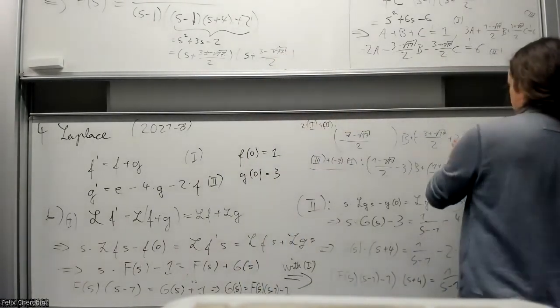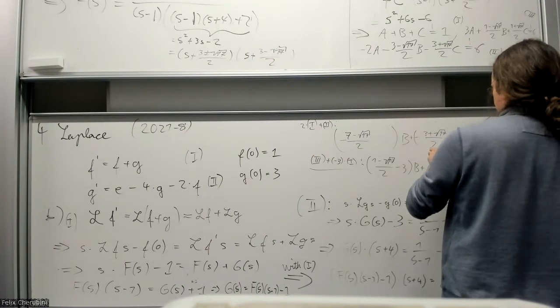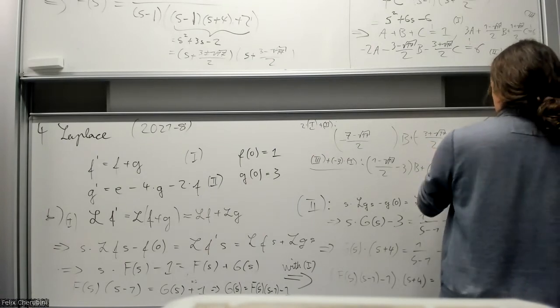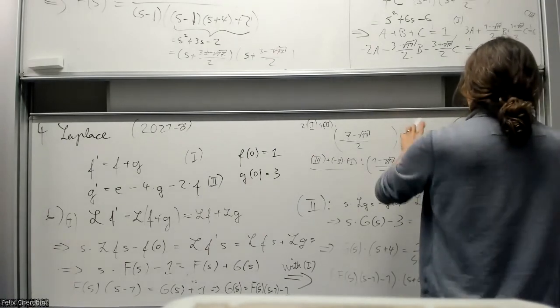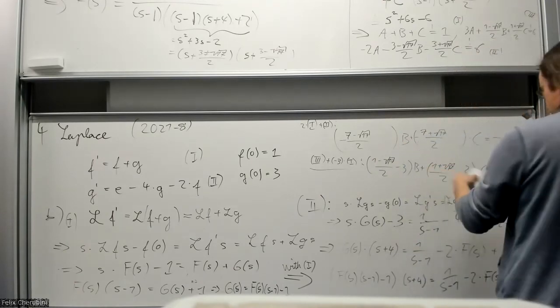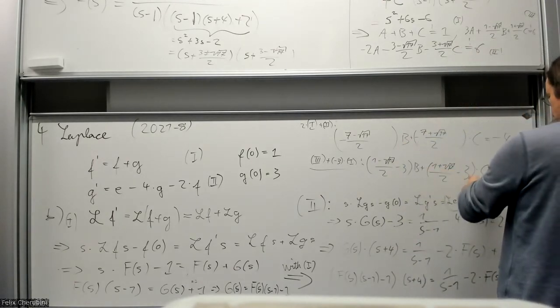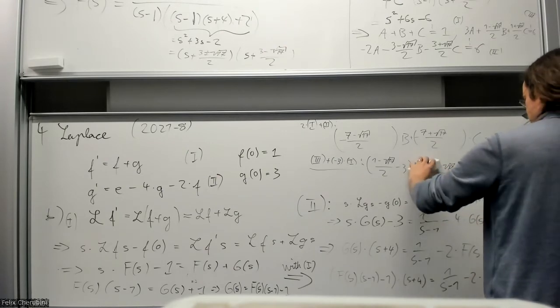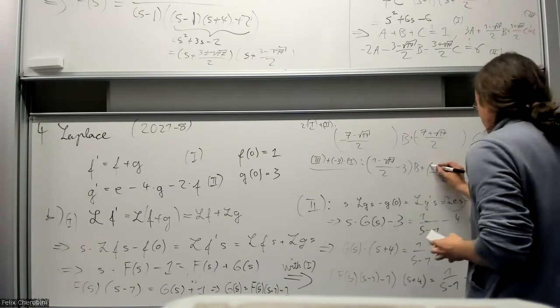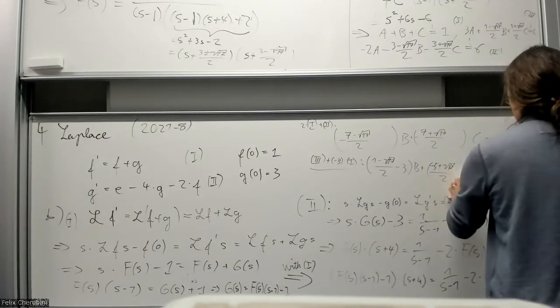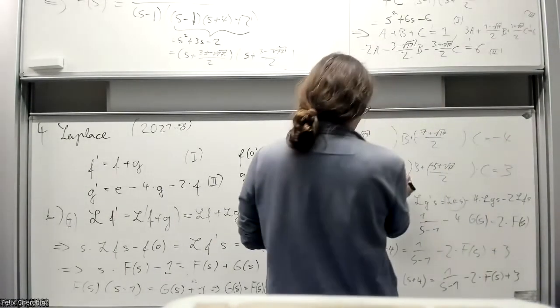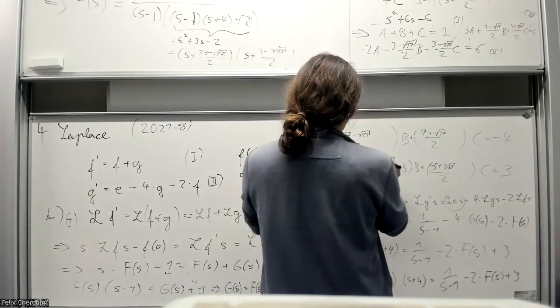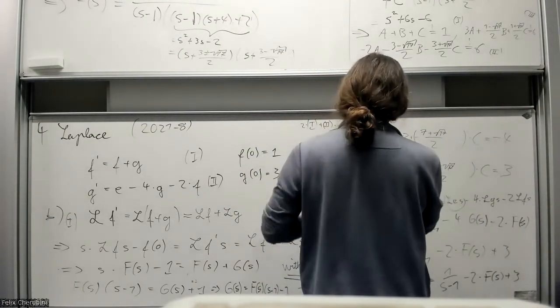And doing the same thing here gives us also a 7. And we do the same thing here and we get -6, so we have -5 here.